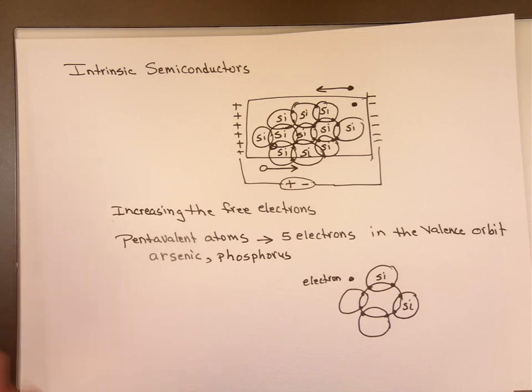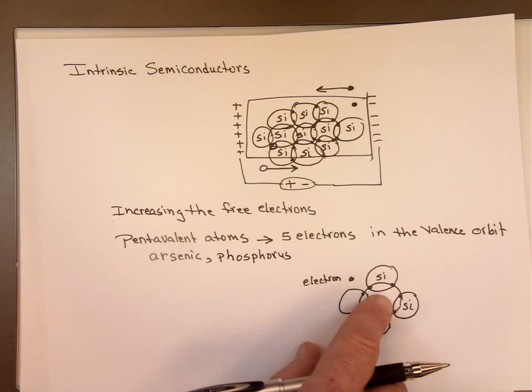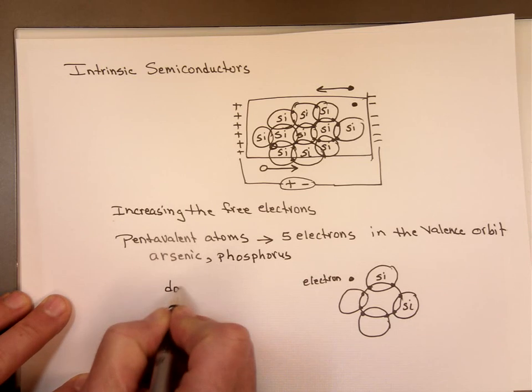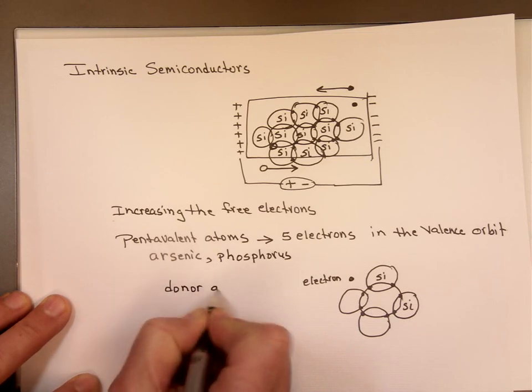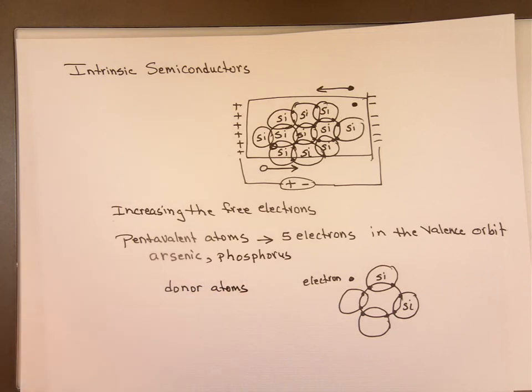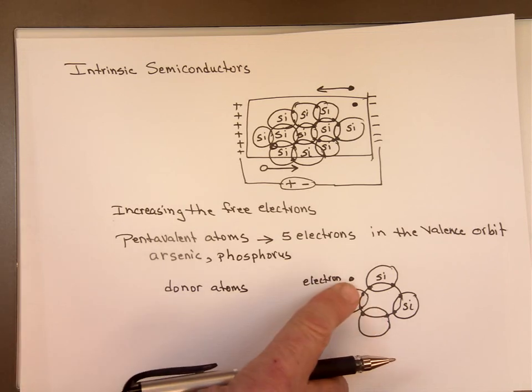Just to clarify a few things, this atom actually, because it gives an electron, sometimes we call them donor atoms, because it gives away. It's not looking to take it. It's going to give it away. So each one of these will give you 1 free electron.